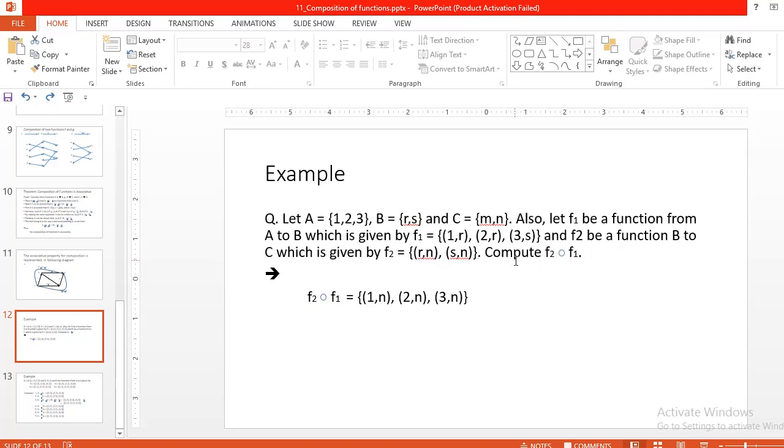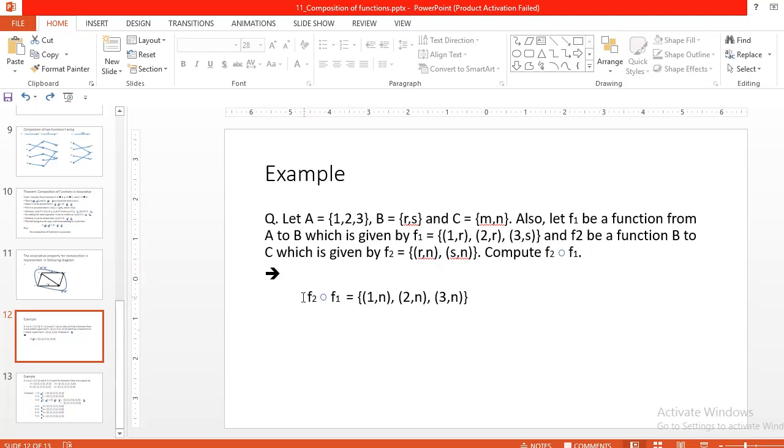The question is to compute f2 composition f1. That is, we have to find the composition of the functions f1 and f2. See here carefully, f2 composition f1, but how can we read it? It is the composition of the functions f1 and f2.